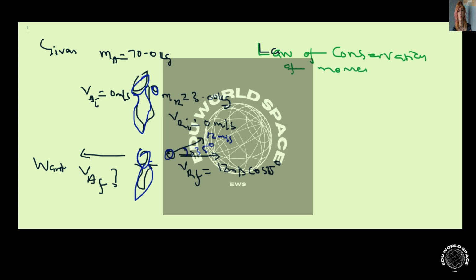Which compares the initial and the final momentum. So the initial momentum of the system equals the final momentum of the system. You could switch it and say the final equals the initial. It's the same thing.